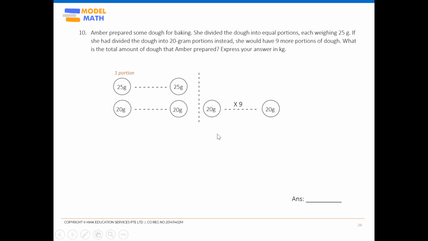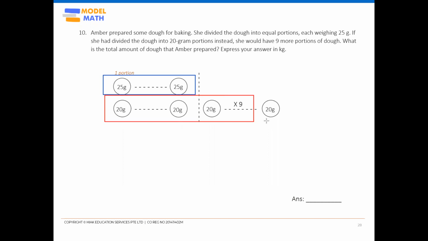Now, the whole idea of this diagram is this. I'm just going to draw it out. This total mass, the one I boxed up in blue, and this total mass, the one that I boxed up in red, should be the same total, because we agreed that the total that she has prepared at first would not change.